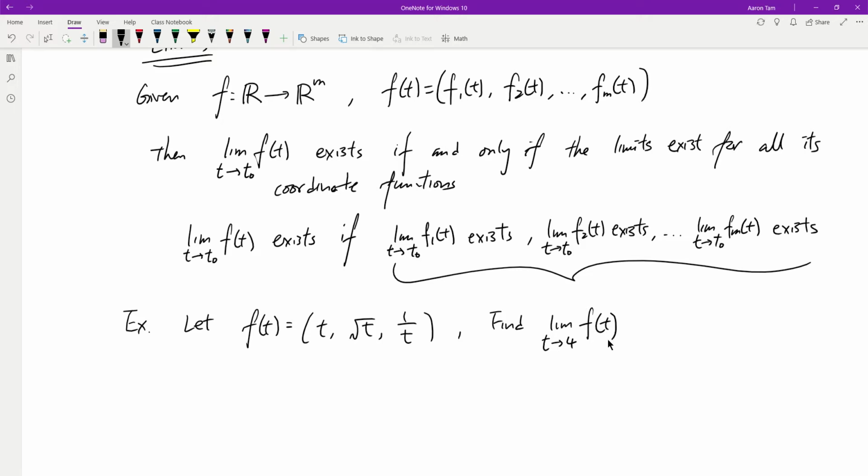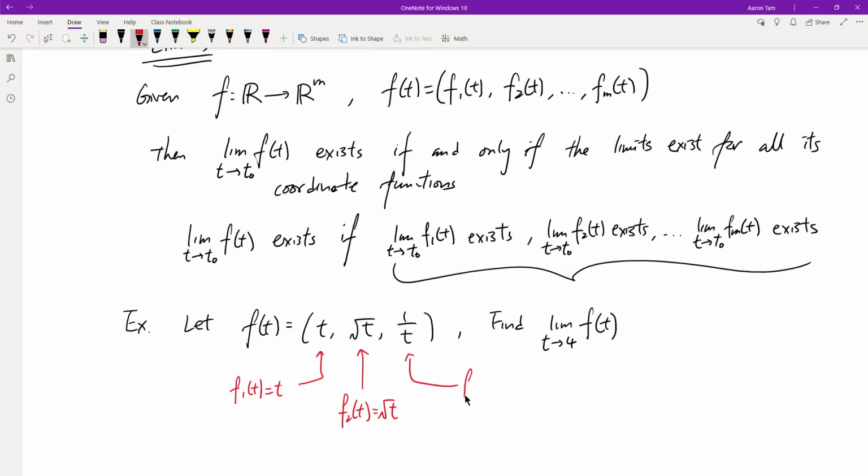So now the way to do that is simple. Because I have a limit on a vector valued function, and this vector valued function has 3 individual coordinate functions in it. So in this case, this is our f1 of t, which is just t. This is our f sub 2 of t, which is radical t.